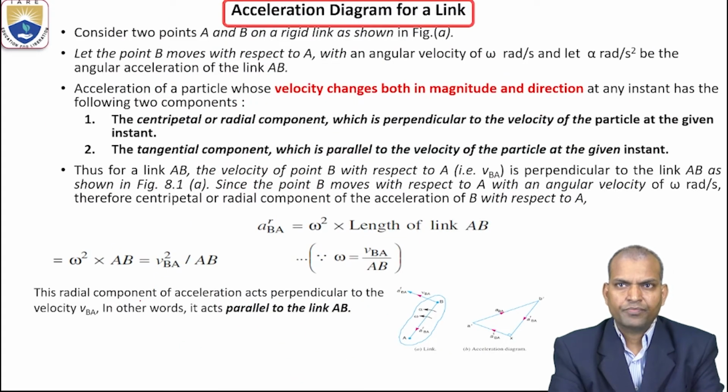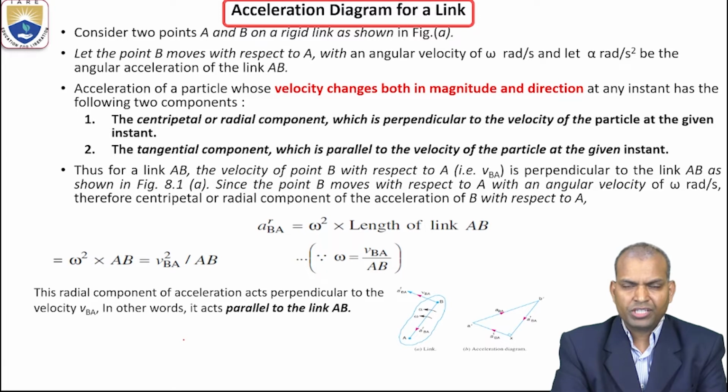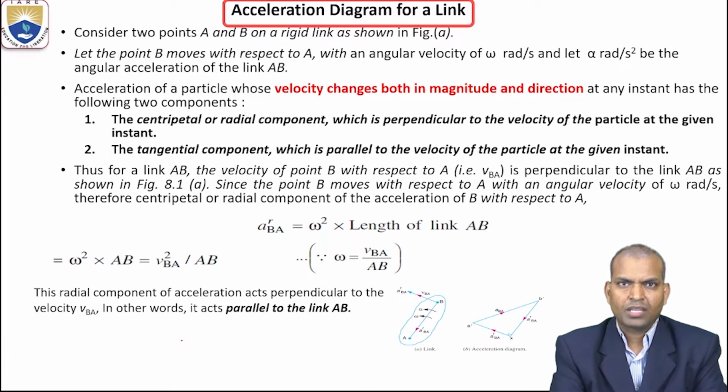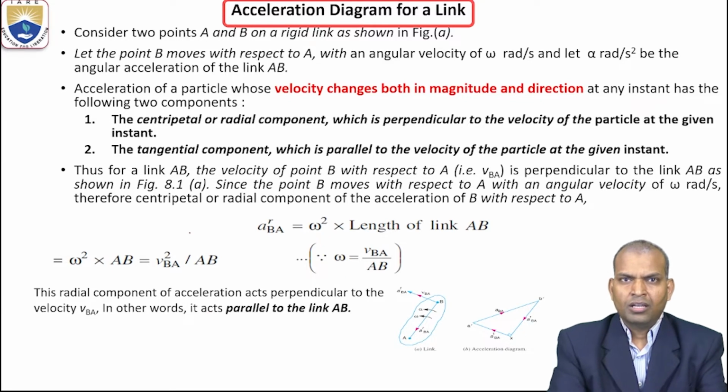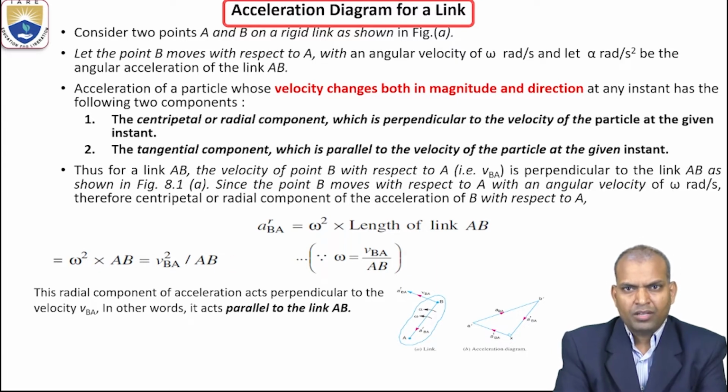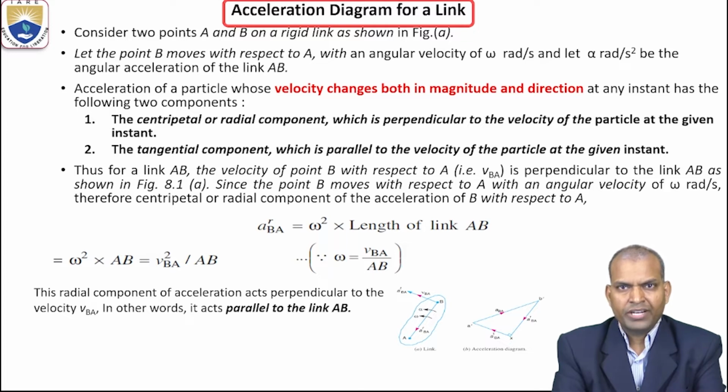Okay, next. What is the acceleration diagram for a link? You understand, it is very important. There are two types of accelerations. One is radial or centripetal acceleration, and the second one is tangential acceleration.